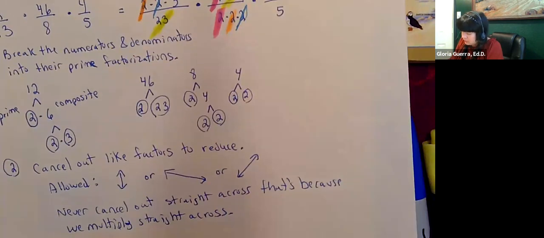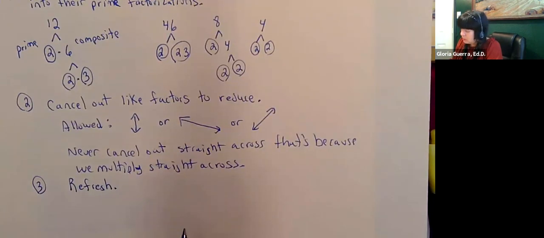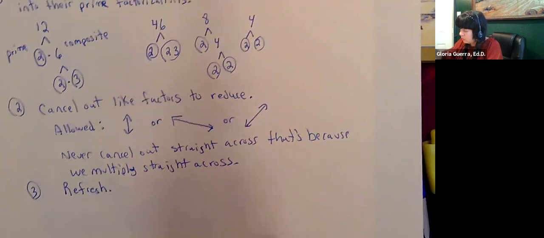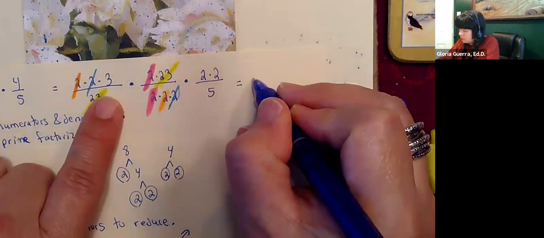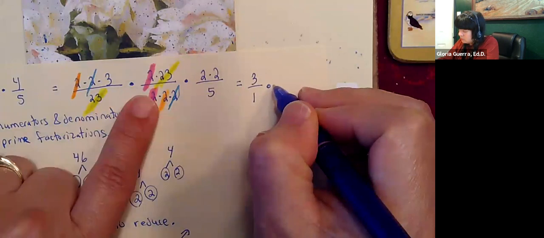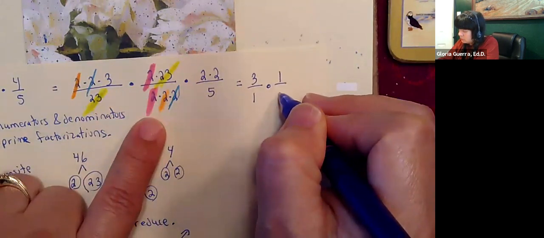Okay, so then the next thing you want to do is refresh. What you really have now is 3 over 1 times 1 over 1. Those are all gone.